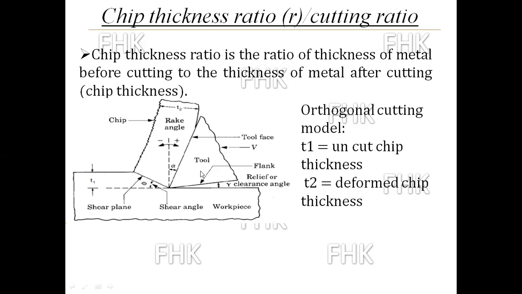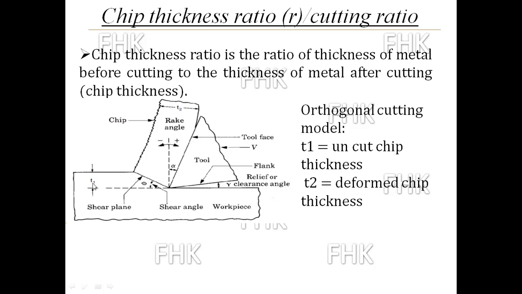So here you can see T1, which is denoted here, is uncut chip thickness. T1 is nothing but uncut chip thickness or thickness of material before cutting.